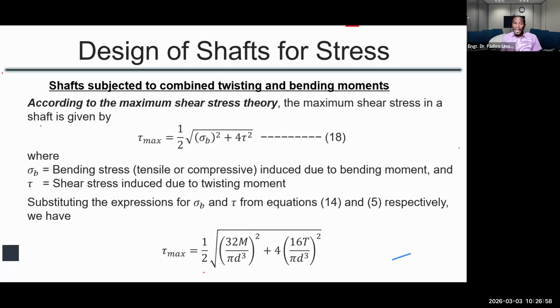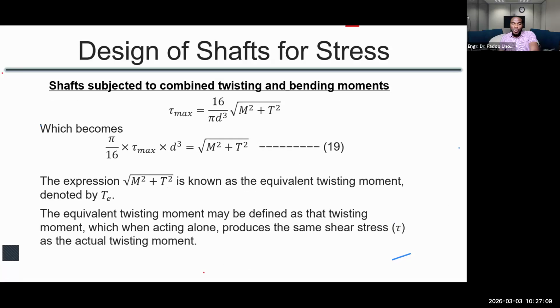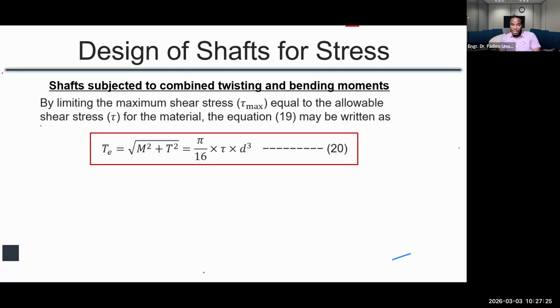We're combining those two. Remember, it's a case where you have both torsional moments and bending moments. And so the equivalent twisting moment is that singular twisting moment that, when acting alone, has the same effect as the shear stresses developed in the shaft as a result of the actual twisting moment that happens there.